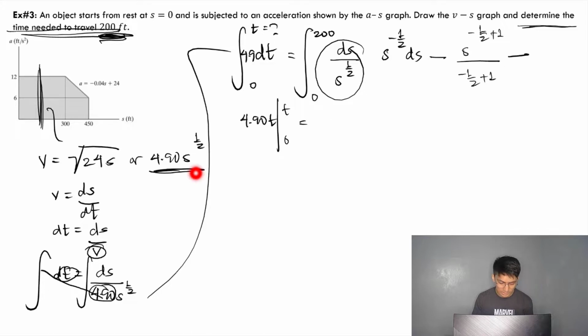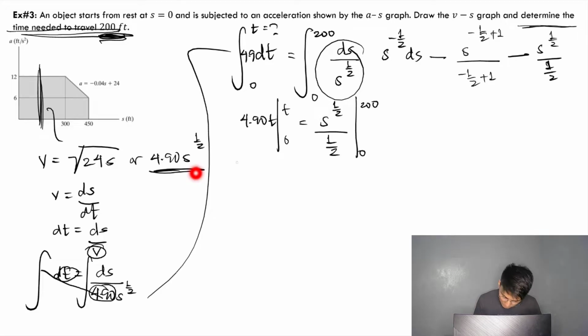So, ang mangyari ulit sa kanya ay s raised to 1 half na over 1 half. Okay, lagay natin dito. We have s raised to 1 half over 1 half. Limits natin from 0 to 200.